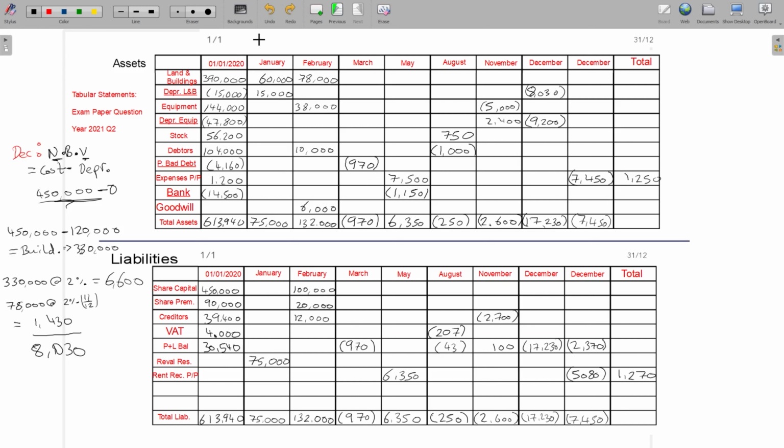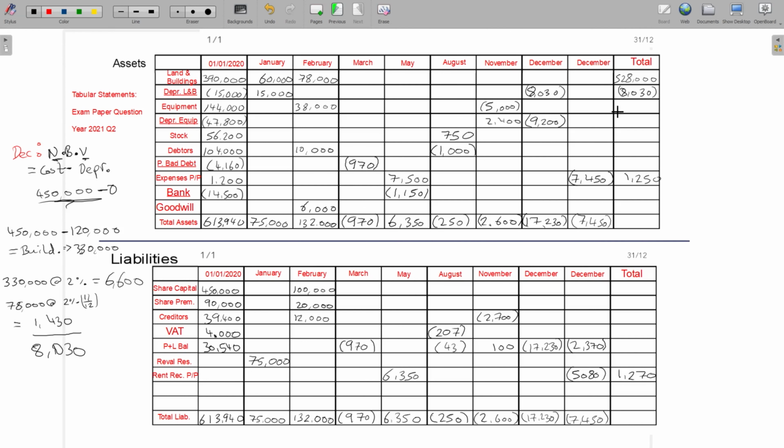So with that, we can now finish the rest of this, I believe. So the value of our land and buildings is now 520,000. Our depreciation is now 8,030.